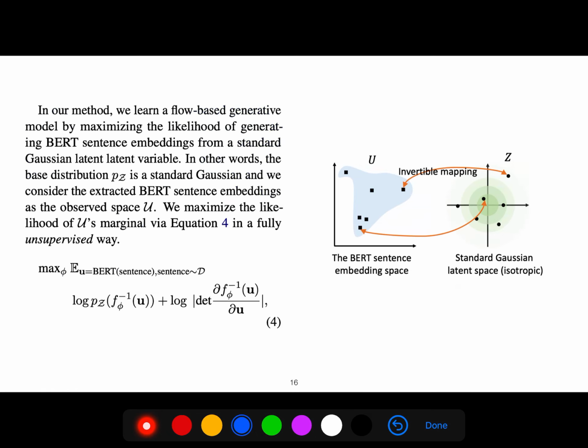So we learn a flow-based generative model by maximizing the likelihood of generating BERT sentence embeddings from a standard Gaussian latent variable. The base distribution PZ is a standard Gaussian, and we consider the extracted BERT sentence embedding as the observed space. We maximize the likelihood by this equation in a fully unsupervised way.